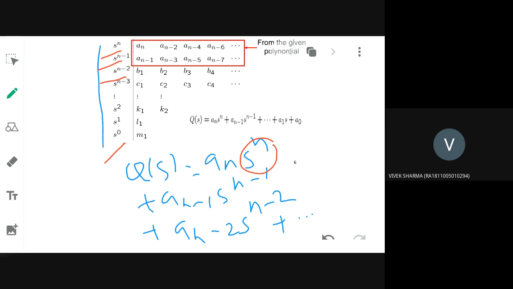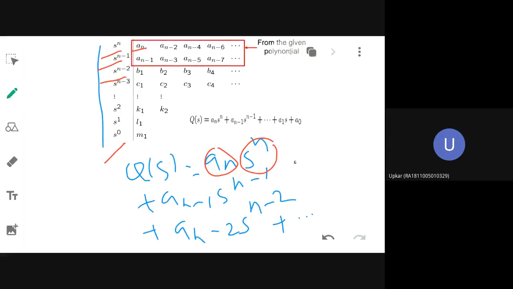Then what is the coefficient of s to the power n? a_n, ma'am. So a_n I have written first here. Then what is the coefficient of s to the power n minus 2? That I have to look at because this row will be of alternate order terms. If s to the power 2 is there it will be even order terms, if s to the power 3 is there it will be odd order terms.